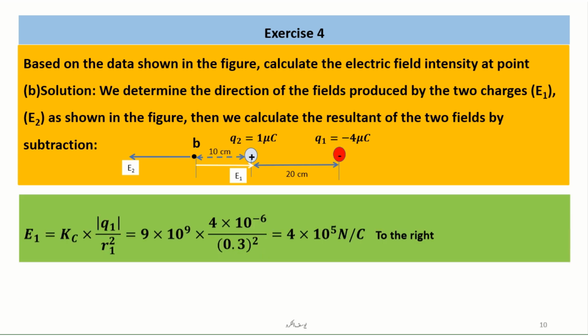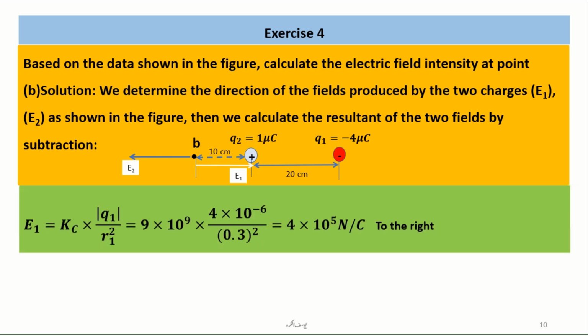Let's see. E1, we apply the law. We know it every time. When I apply the values of the distance and the charge like this, the result is 4 × 10^5 Newton per coulomb, directed to the right like this, which is one white vector.